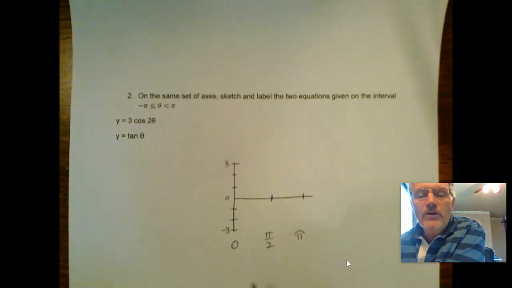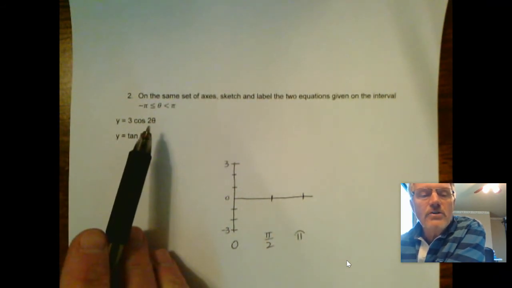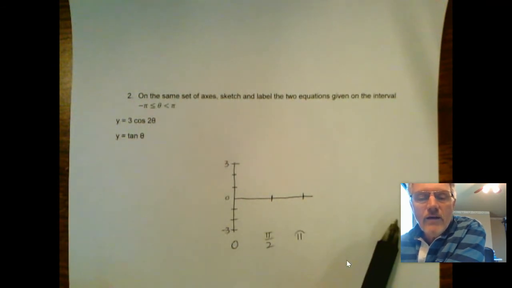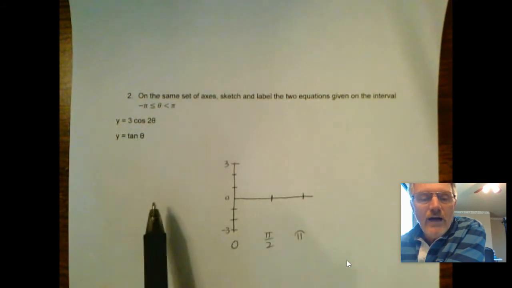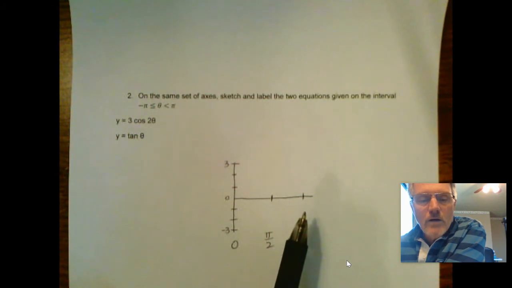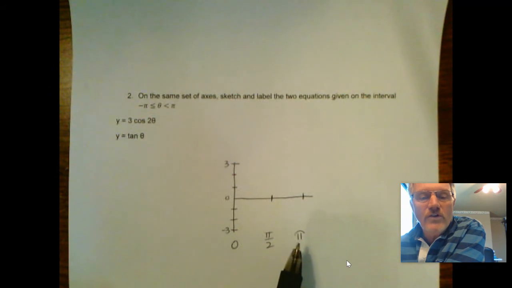Now remember, I'm only going from 0 to pi. So when I look at this cosine equation, I'm supposed to see 2 cycles. So 2 cycles from 0 to 2 pi, if I just shift back and look at a different portion, I'm going to see 2 cycles from negative pi to pi as well. So that means between 0 and pi, I'm going to see 1 cycle.